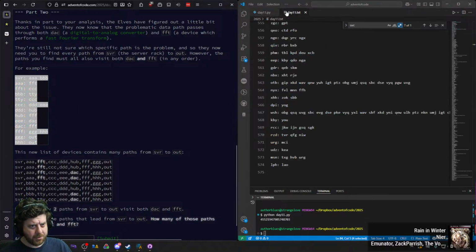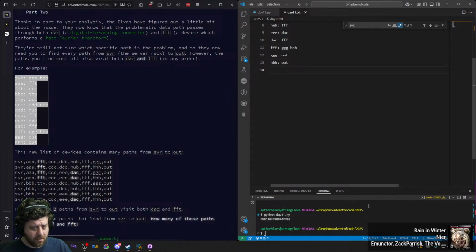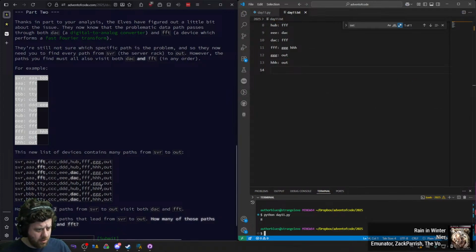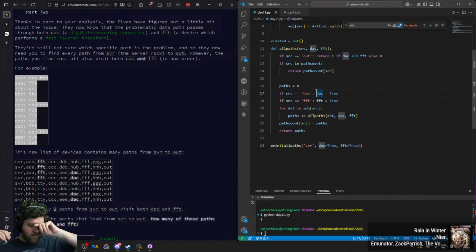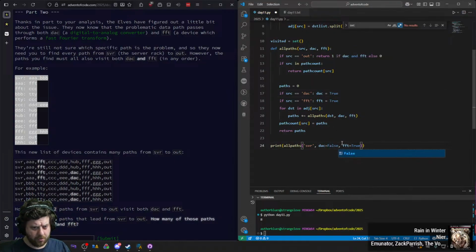Let's try it on this one and see what happens. Only 2 paths hit both of them. It does acknowledge there's 8 paths. That's correct. So... and that gets 0.